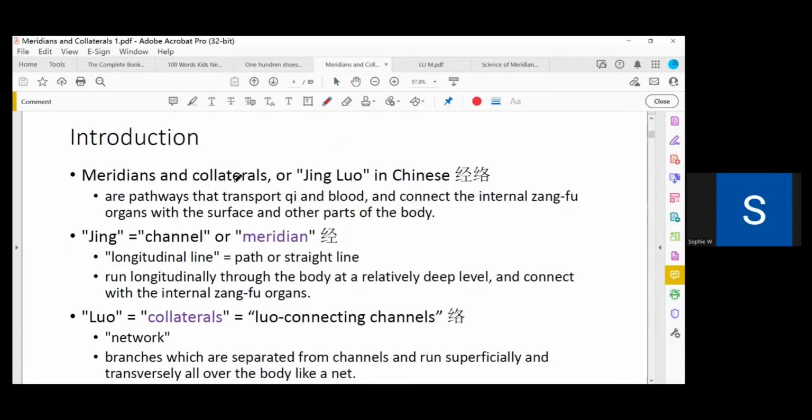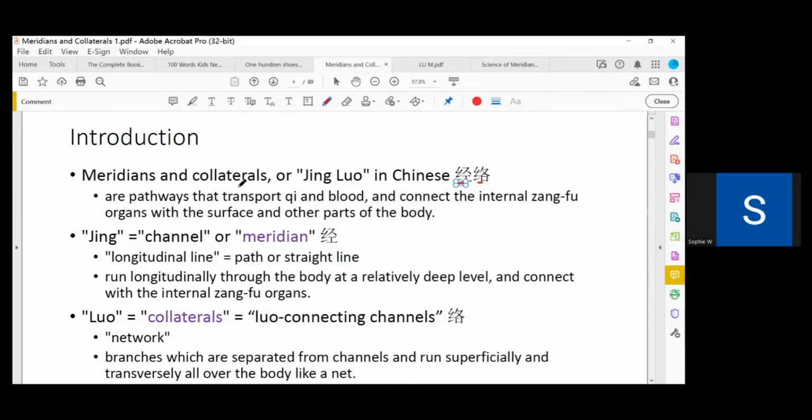So meridians and collaterals, or 经络 in Chinese, are pathways that transport qi and blood and connect the internal zang organs with the surface and other parts of the body.